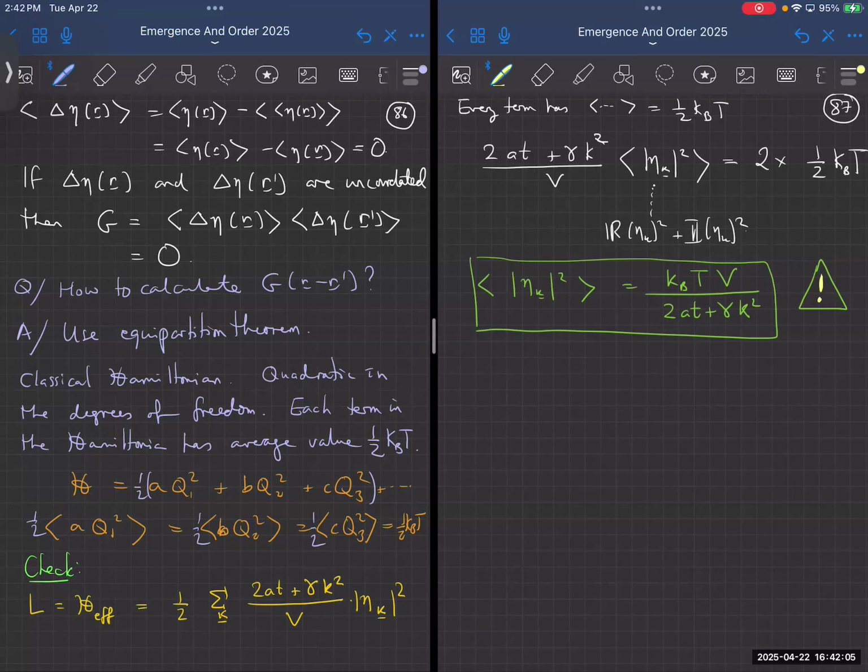So what we've computed here is the order parameter correlation function of eta k. We haven't computed the correlation function yet. So now I want to use this to compute the correlation function. The trick is to do a Fourier transform.